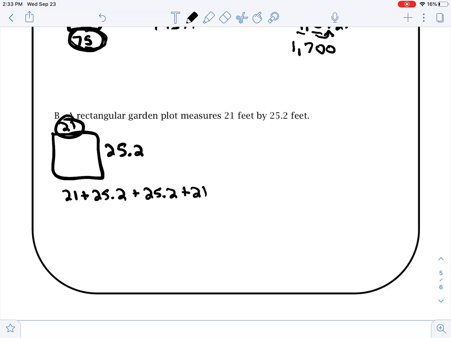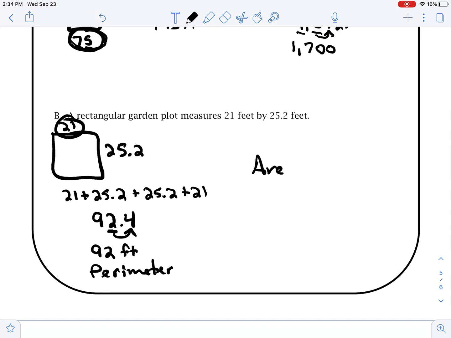When I do that, I get 92.4. This is rounded to the ones place, so I round this to the ones place. That 4 tells me to stay there, so that's 92 feet for the perimeter.